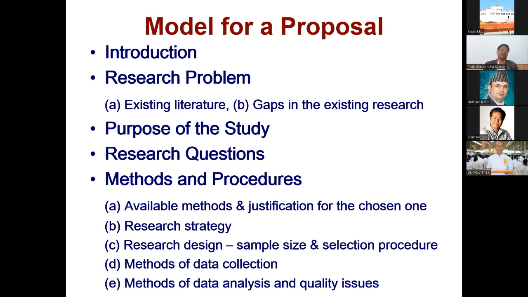First of all, you have to give an introduction of the subject related with your research, then the research problem, and the existing literature or the gaps in the existing research. Whenever there is a research problem, there are research questions, and when there are questions, there are sub-questions also. Based upon that, you consider what research materials are available as primary or secondary sources.